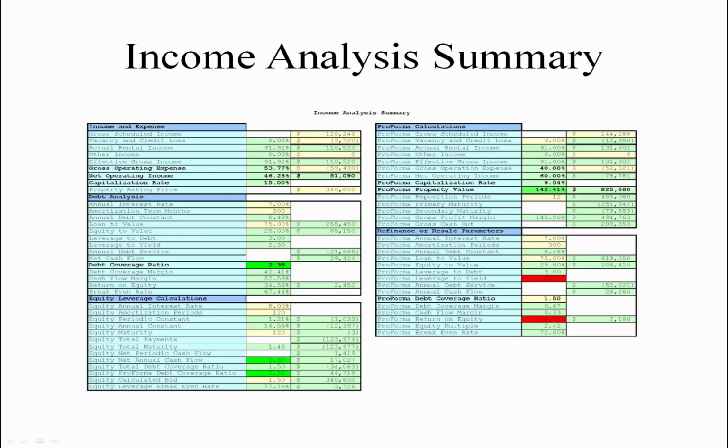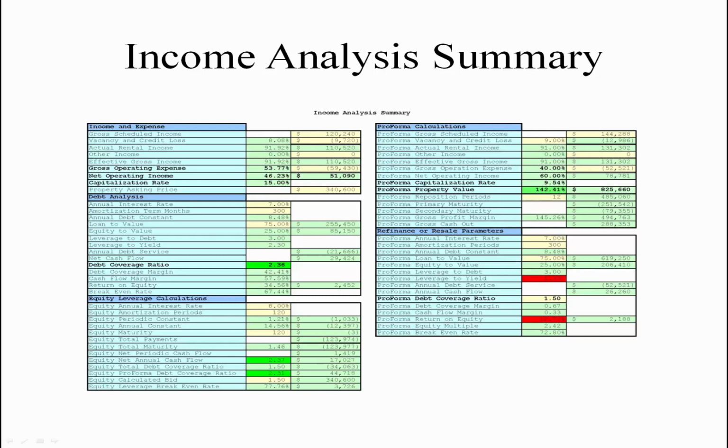You can then include the equity calculated bid to calculate the purchase price required to achieve 100% financing with the specified debt coverage ratio. The pro forma calculations on the right-hand side are for the improved property in the future.